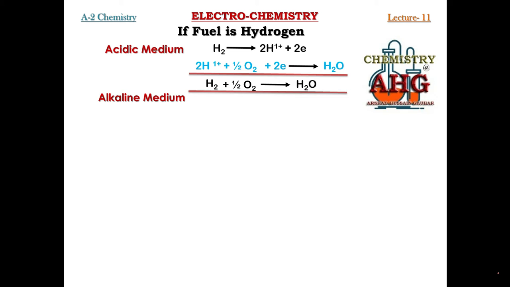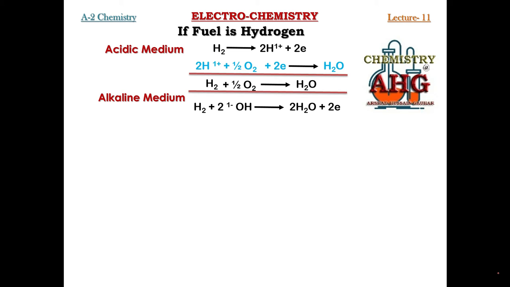So what can happen in this case? When you want to write down the equation at the anode, you will write down H2, and H2 will combine with OH ion. Since two H ions will be formed, two OH ions will combine with H2, and 2 mole of water will be produced by the release of 2 mole of electrons.